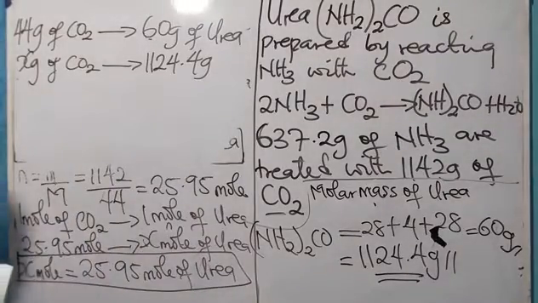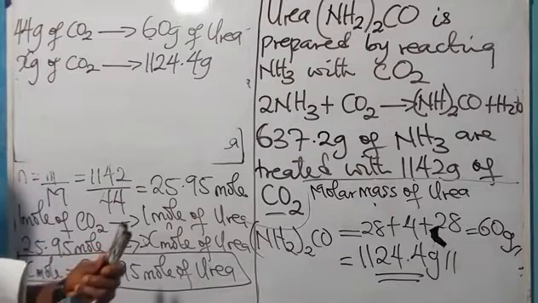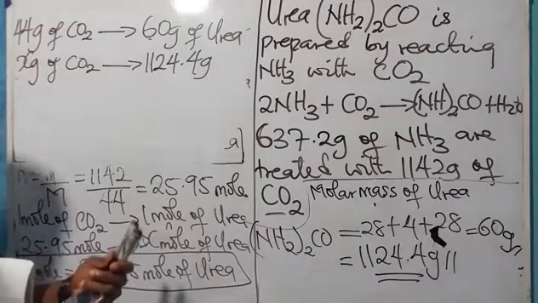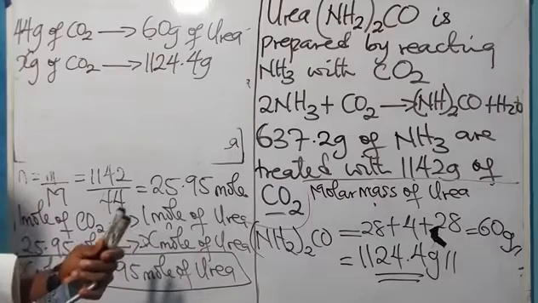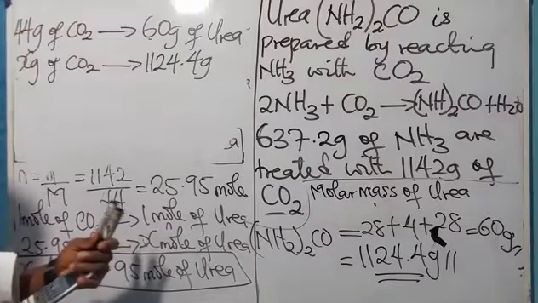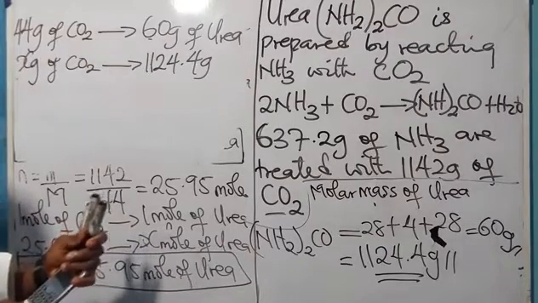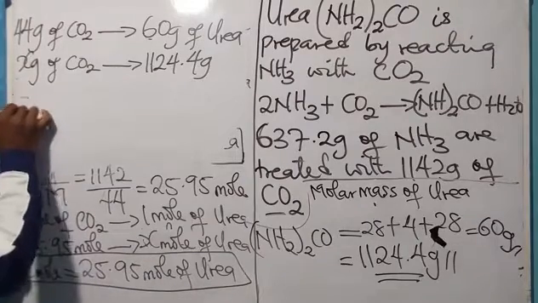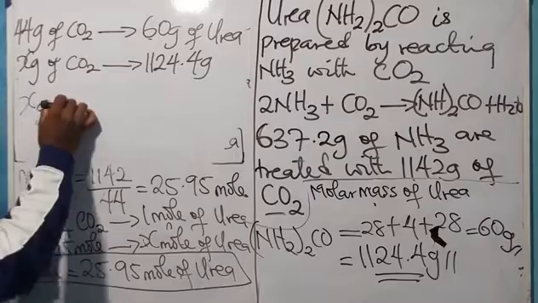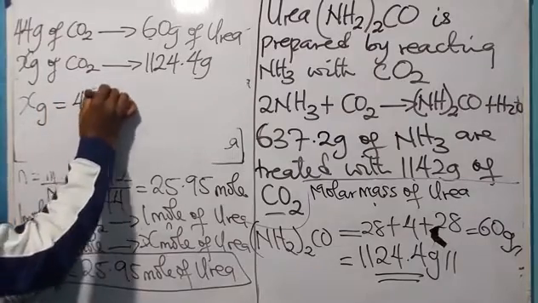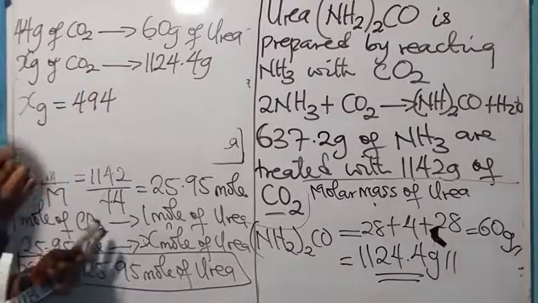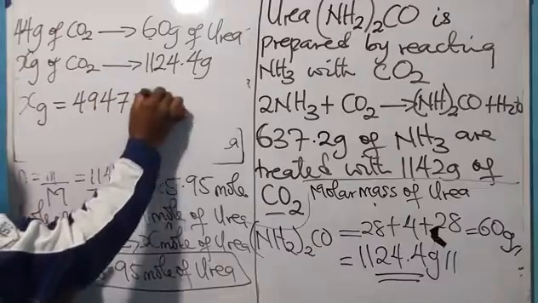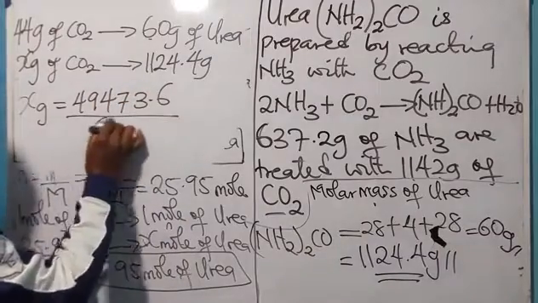So 1124.4 times 44 equals 494.6 divided by 60.